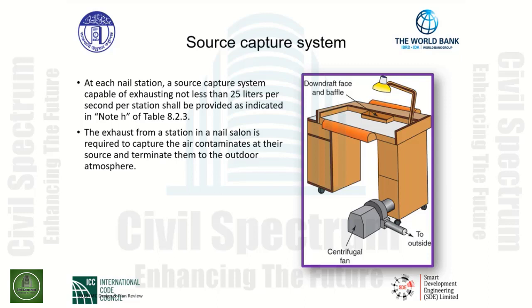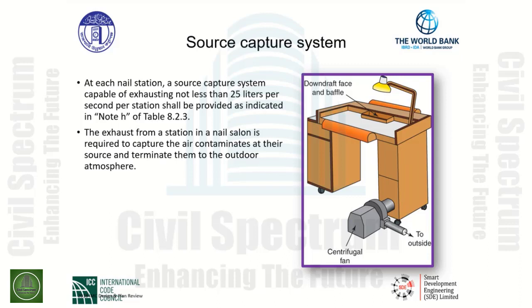At each nail station, a source capture system must be capable of exhausting not less than 25 liters per second per nail station. And we found that requirement in Note H of Table 8.2.3.